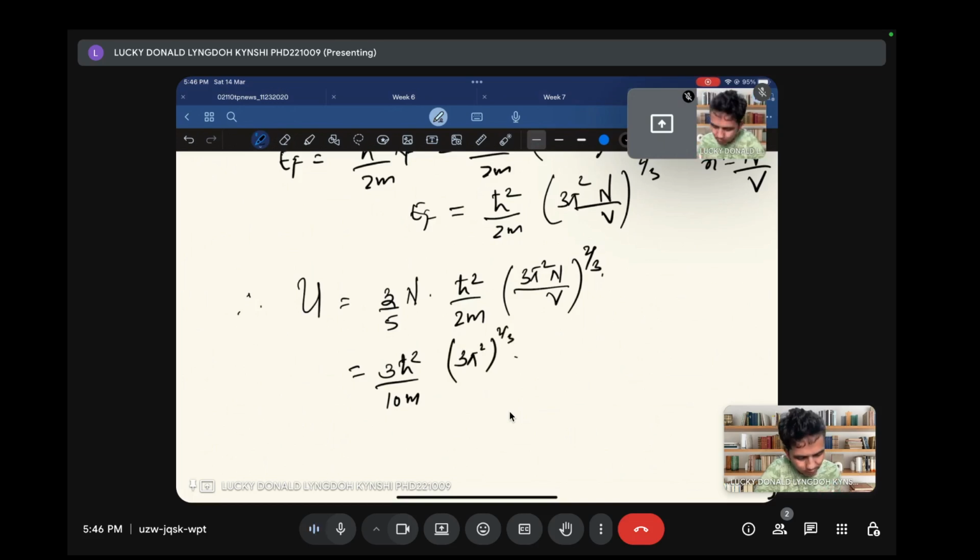What I'm trying to say is that I can multiply this: N^(2/3) into N gives N^(5/3). And also this is volume, so you get V to the power minus 2/3.